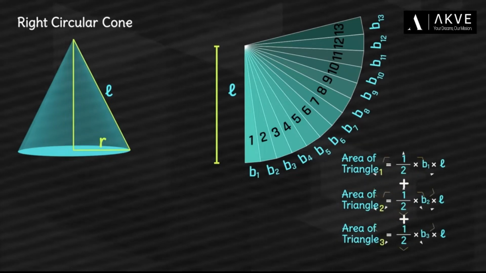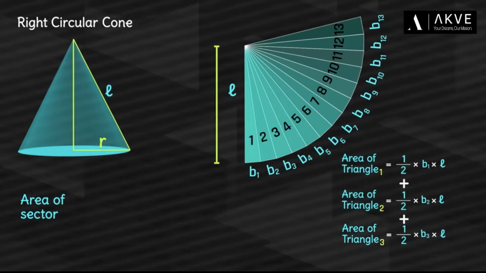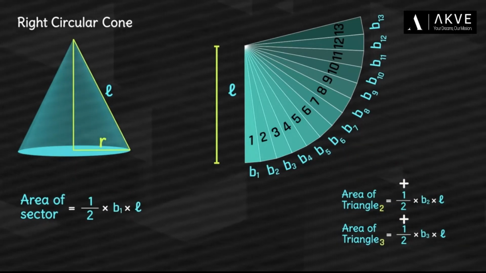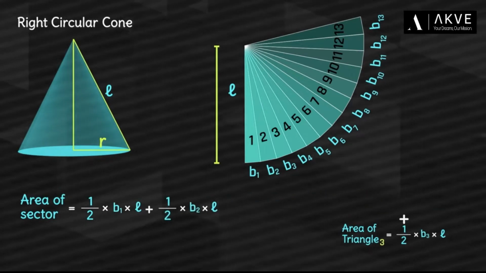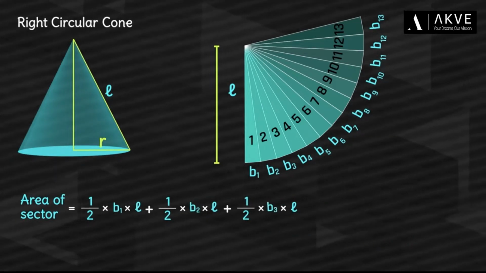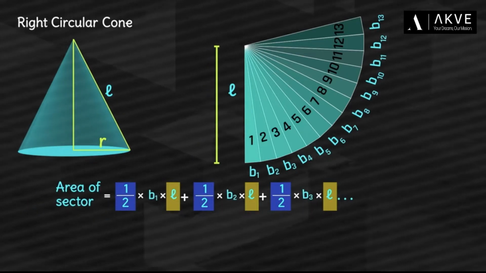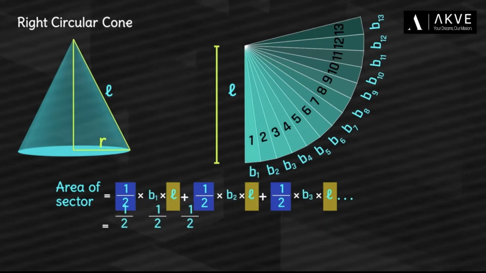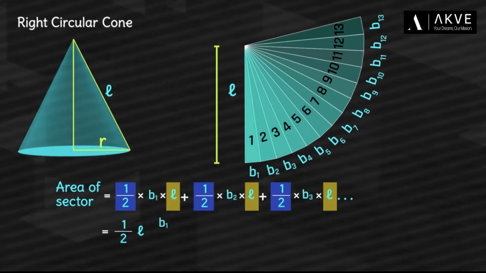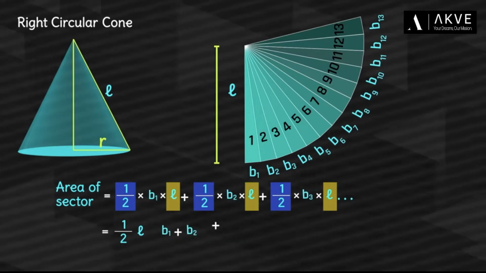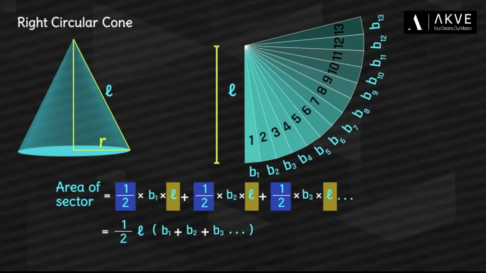So now, adding all these areas up, we would get half into B1 into L plus half into B2 into L plus half into B3 into L, and so on. So, if we just take half L common here, we would finally arrive at half into L into (B1 plus B2 plus B3, and so on).